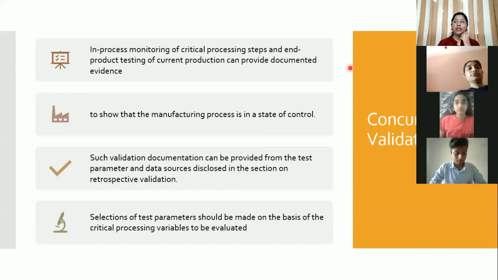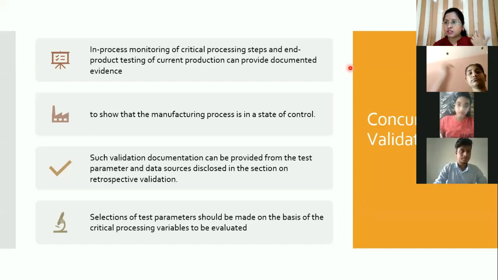So as we were looking at concurrent validation, in this case we have to work on current data, and we have to make sure that all the processes are in a state of control. For selecting the data, we have to go back and go through the existing batches. That time we generally export the data from retrospective validation.